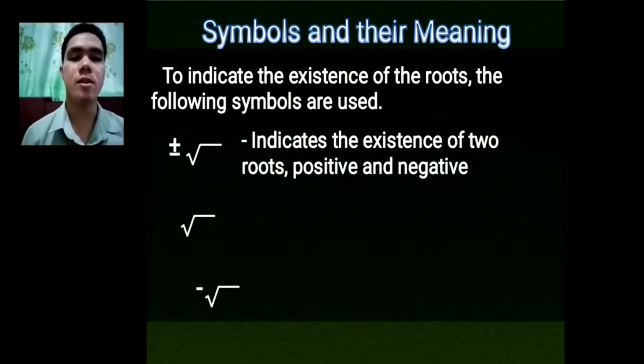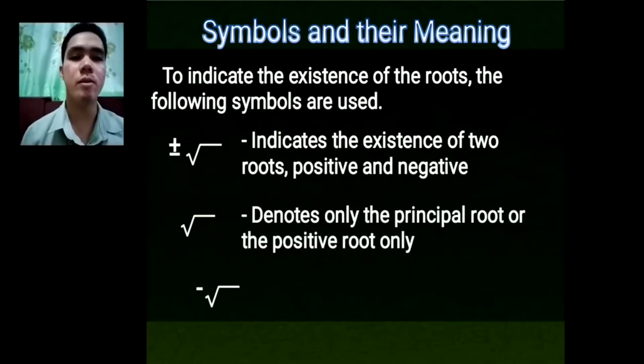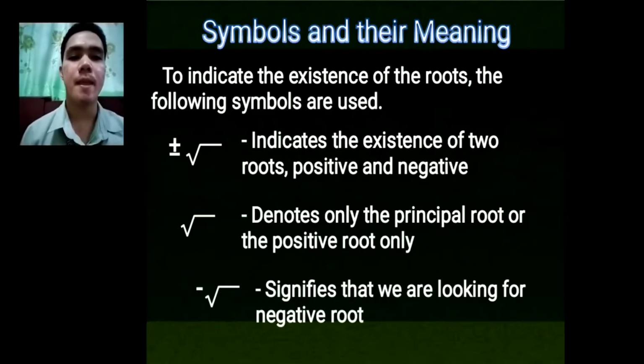This one denotes only the principal root, the positive root only. When we say principal root, that is the positive root only. Then this one, with the negative sign, signifies that we are looking for the negative root.